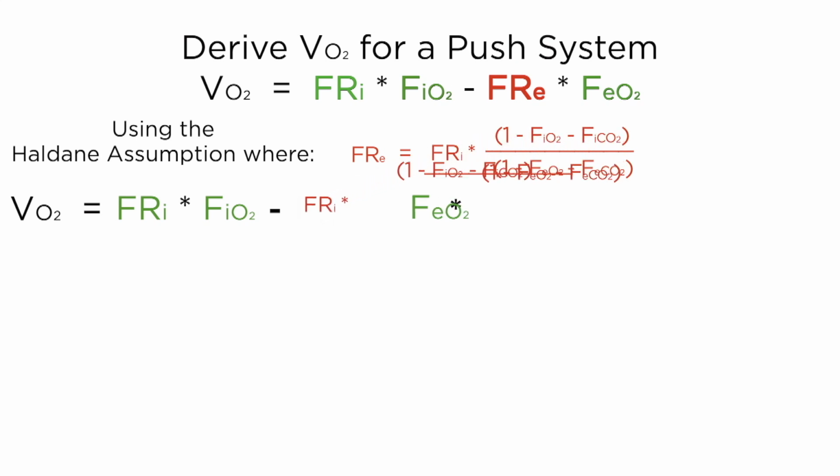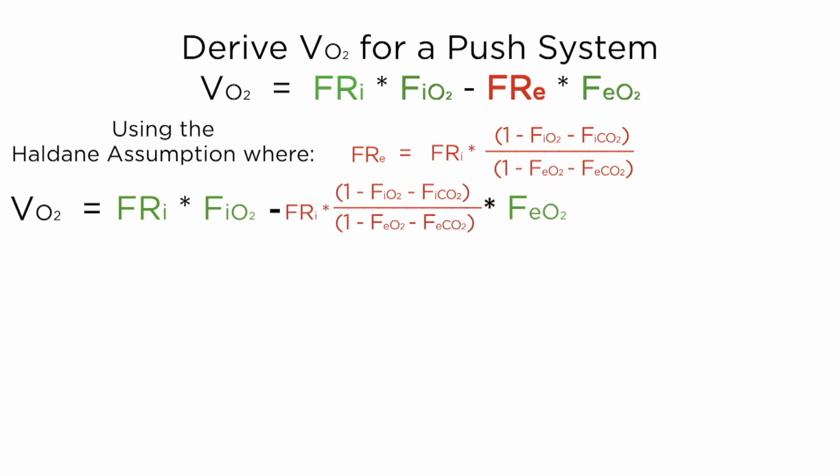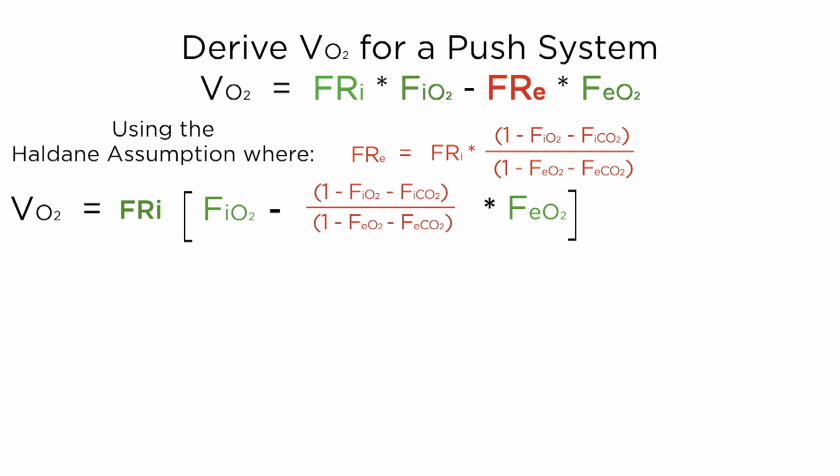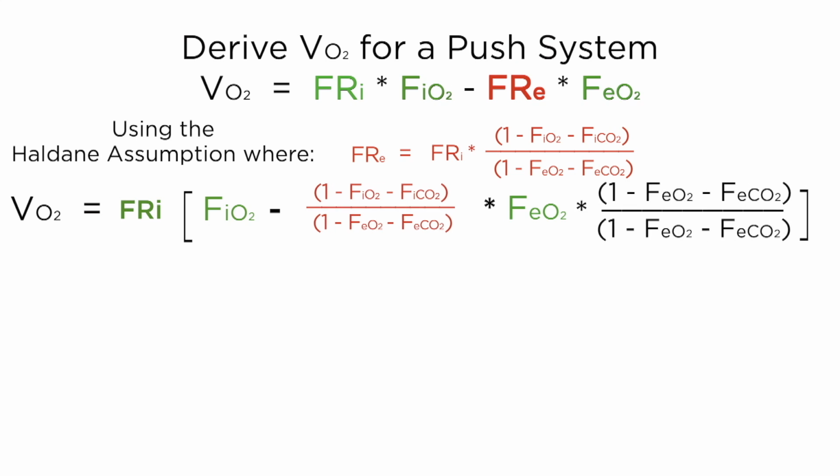Substituting this into the generic respirometry equation for VO2, we yield. Note the common flow rate factor. Again, multiplying the second term in the sum with an elaborate 1, we can bring the terms into a single fraction.